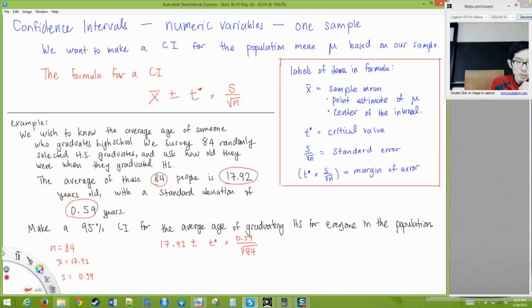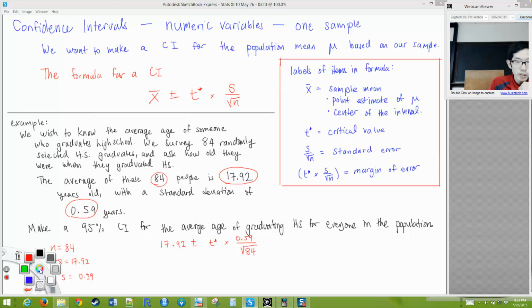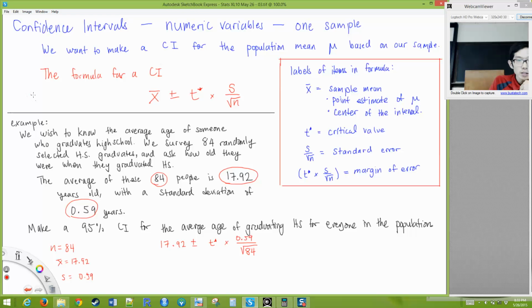So listen up, this is how we determine degrees of freedom. Degrees of freedom is equal to n minus 1. So for numeric variables, one sample, degrees of freedom is n minus 1. So how many degrees of freedom do we have here? 83 degrees of freedom. Okay, so go ahead and look in your table and tell me what we use for t star.